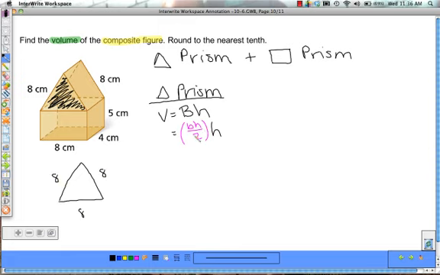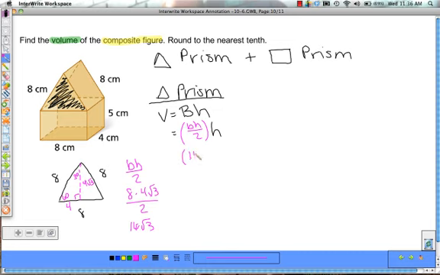So now we have this pink here, which means we inserted a new formula, so we need to do some side work. This is base times height divided by 2. We know the base is 8. The height is this piece right here. Since it's an equilateral triangle, the angles are equal, and that does create a 30, 60, 90. So if this is 4, this is going to be 4 square root of 3. So we have 8 times 4 square root of 3 divided by 2 to give us 16 square roots of 3 square centimeters.